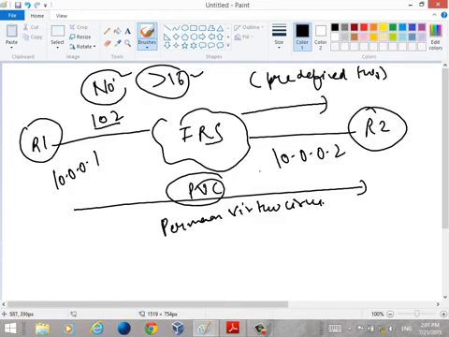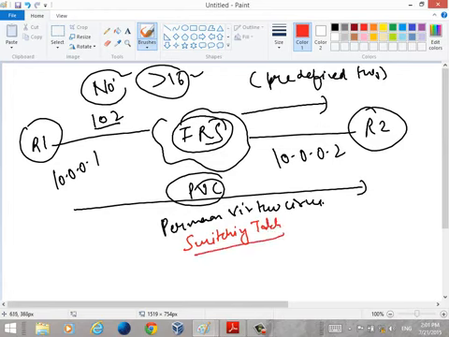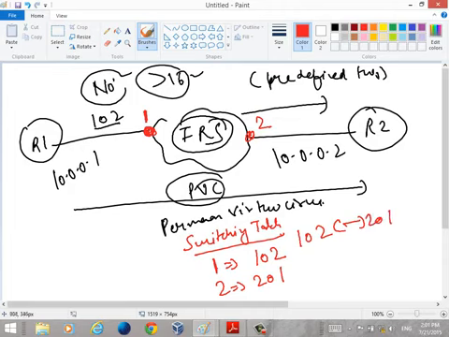Now what will FRS do? Like a switch builds a MAC address table, FRS will build a switching table: interface number 1, interface number 2. On interface number 1 we have DLCI 102. Clear? On interface number 2 we have DLCI 201. Switch traffic from 102 to 201.